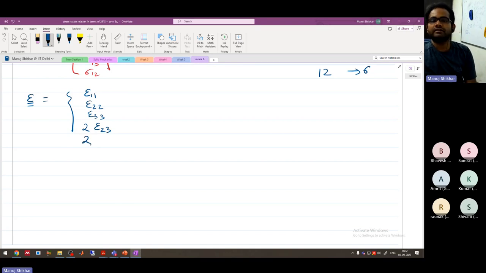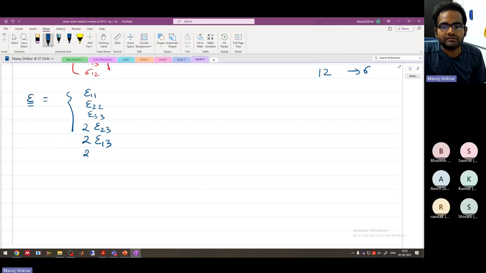So if I'm writing gamma 23, in the matrix representation of epsilon, it will be gamma 23 by 2. But in the Voigt notation, we are directly writing gamma 23. So just keep this in mind. I've seen students making mistakes and losing marks at this place.